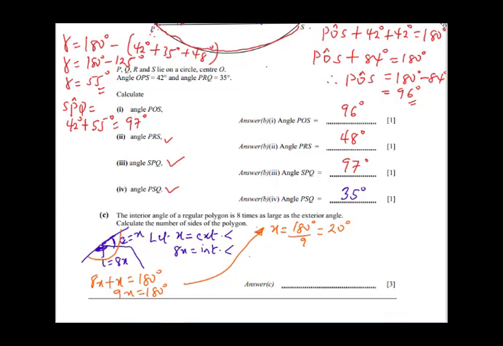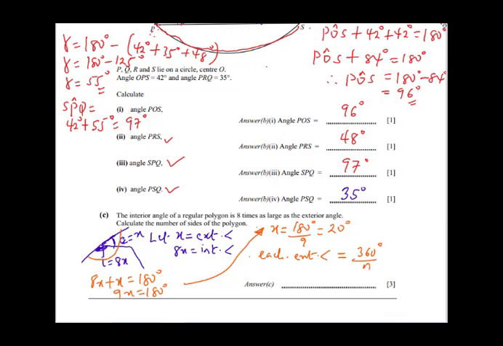So that's not the final answer. What we are looking for is the number of sides. But there is a relationship between the number of sides and the exterior angle of any regular polygon. We know that each exterior angle of a polygon equals 360 degrees divided by n, where n is the number of sides.